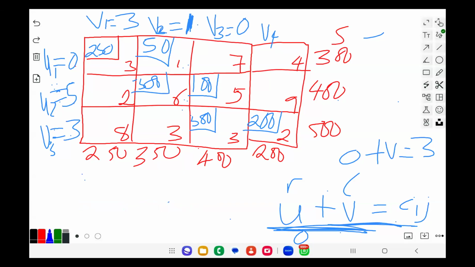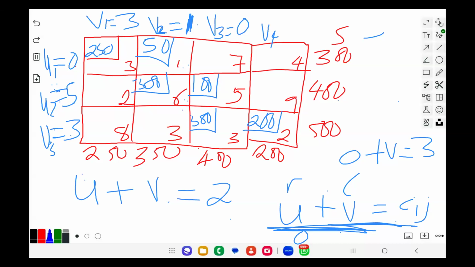We get to the last one where there is 200 here. Still, you write U plus V. Just begin by writing U plus V is equal to Cij, the number which is in the cell. That's where you start from. Then look at the left, look to the right.